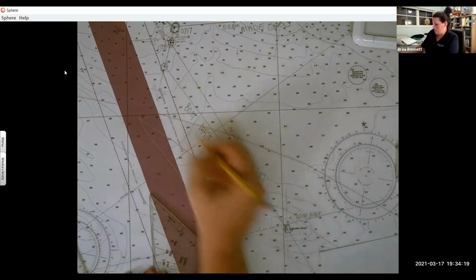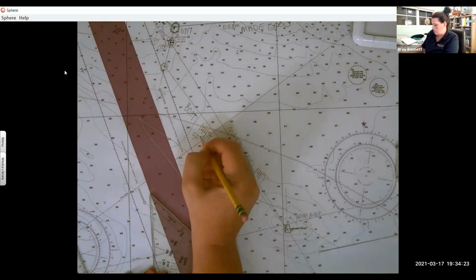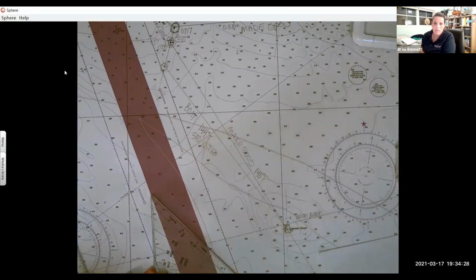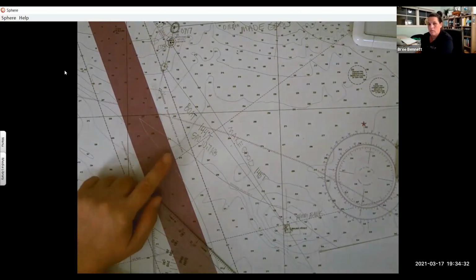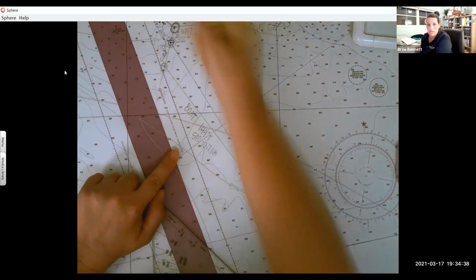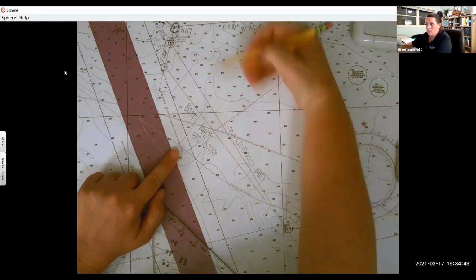And this distance, or this speed, was 10.7. That's what my boat was doing. This is my current triangle, and this is my made good line.